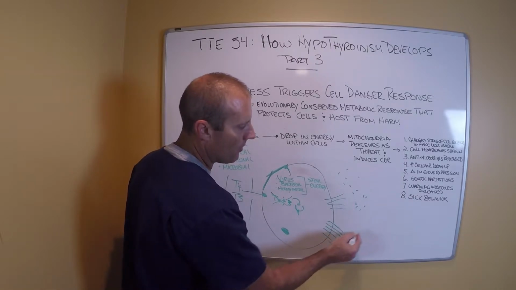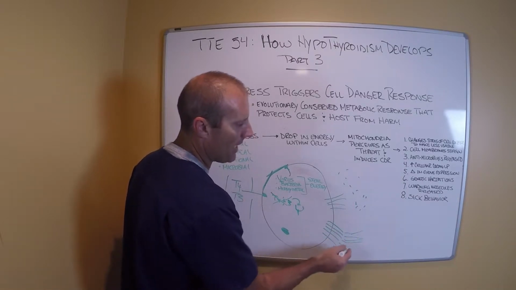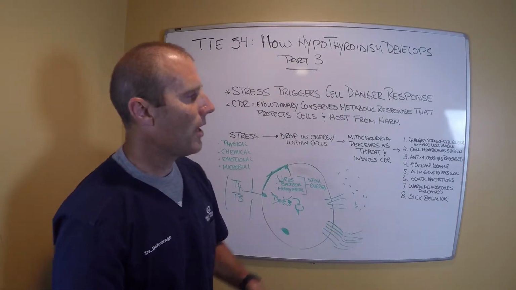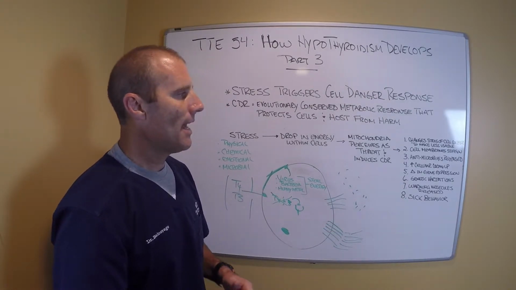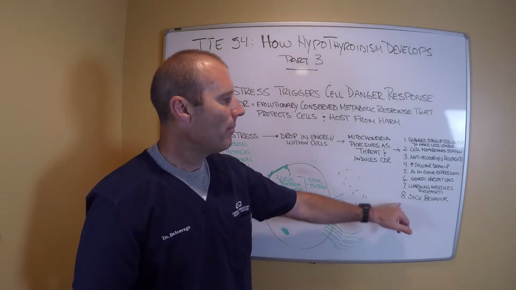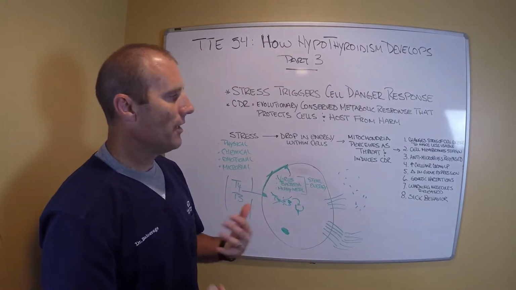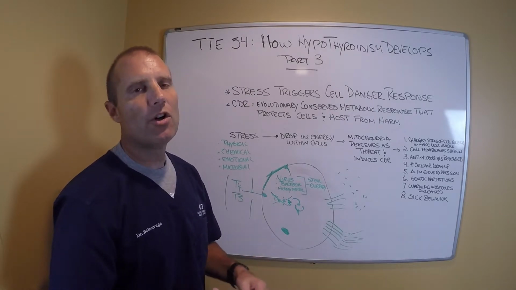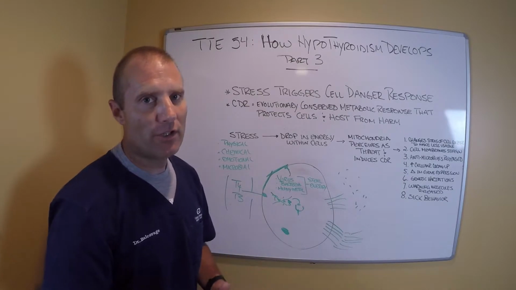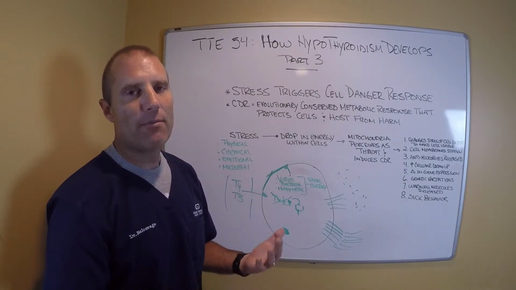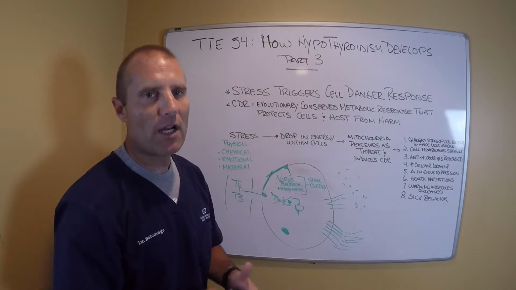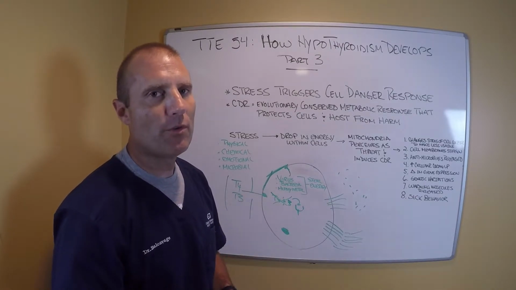These chemicals go out to all the other cells of the body, and we're going to talk about that further because part of this process can help trigger autoimmunity. And part 8 is that the cell danger response induces something called sickness behavior. You get a depletion of serotonin in the body, and that makes us depressed. Part of that is to make us lie down, rest, recover, and get away from other people so we don't infect them.